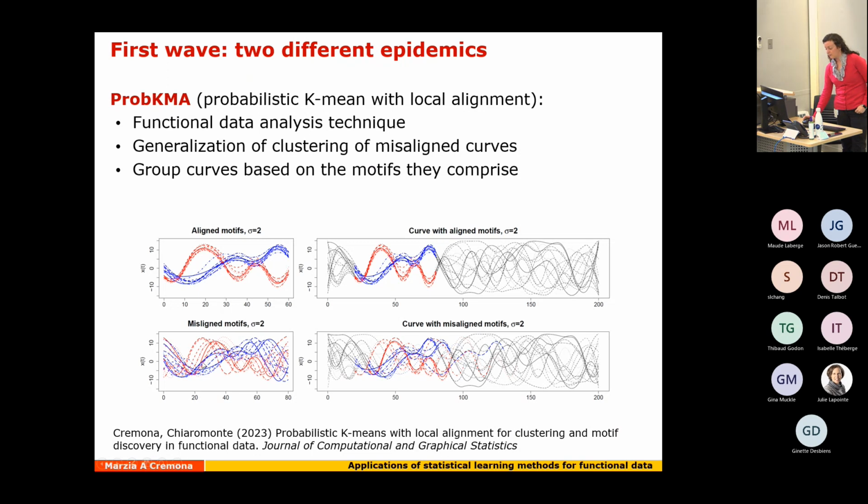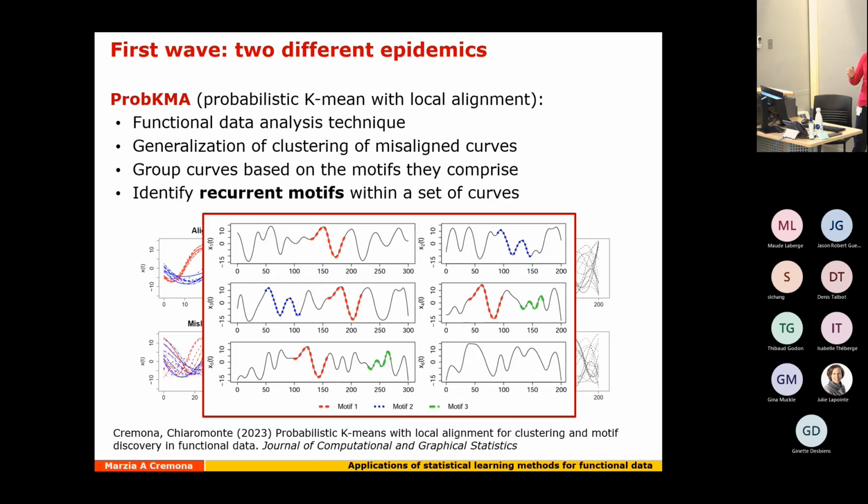But in functional data, we often have a problem of alignment between the curves. So here we have misaligned curves. Again, only two shapes, but they are misaligned. So, an additional layer of complexity. We can also have curves that form two groups only in a small part of the domain. And finally, we can have curves that differ only locally, but with this local part misaligned.